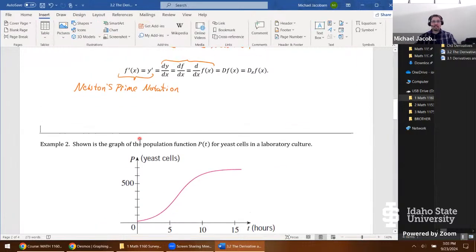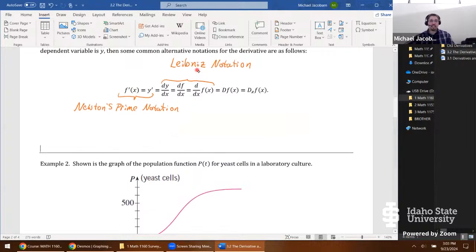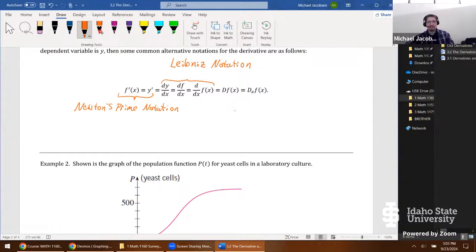So reading these out again, that's our Leibniz notation. And if you see a dy/dx, this is read as the derivative of y equals f of x with respect to x.